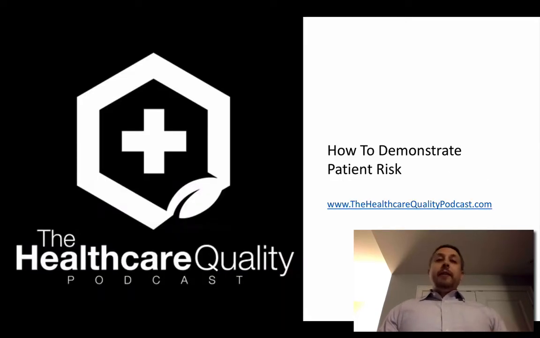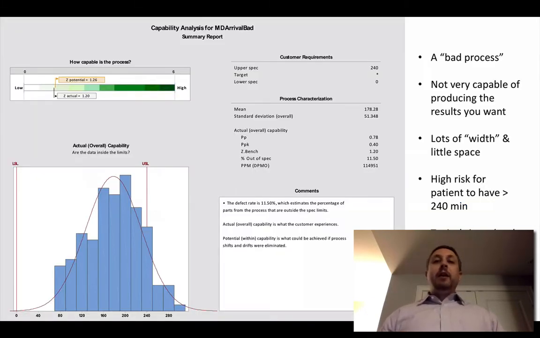So when we talk about how to demonstrate patient risk in our healthcare system, this sort of process, whether it be with Minitab or another program, very nicely highlights the capability of the process. And again, patient risk is directly related to the width of this type of curve, this type of histogram, versus the upper and the lower spec limit.